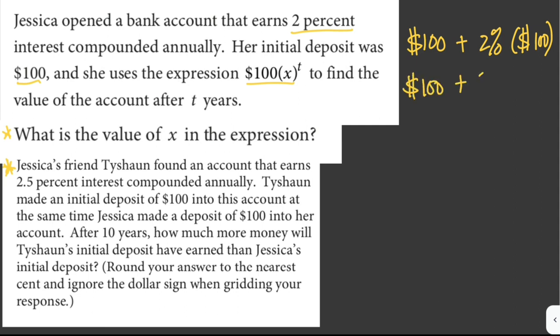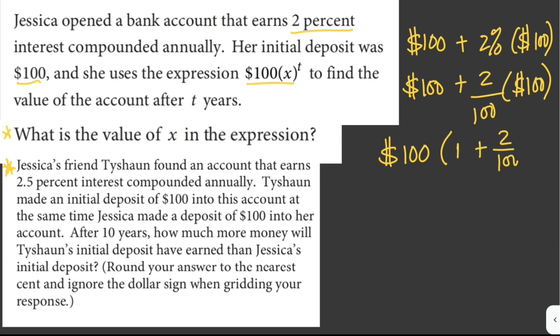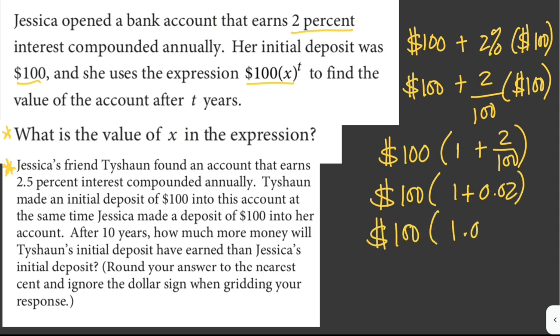We can write 2% as 2 over 100 times $100. So 2 over 100 is just 0.02. We factor out the $100, so we have $100 times 1 plus 2 over 100, which is 1 plus 0.02.